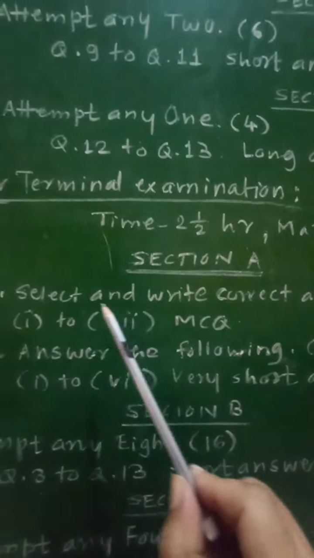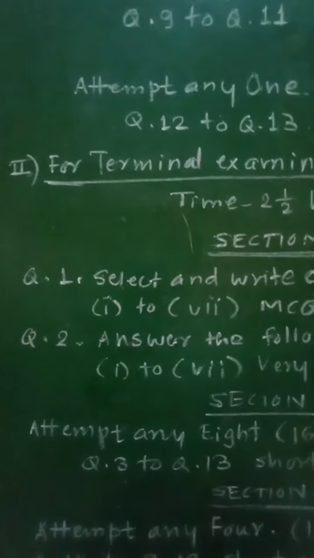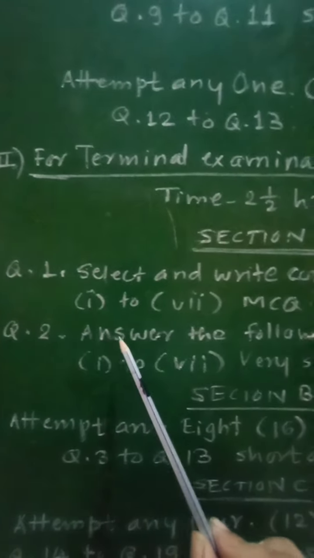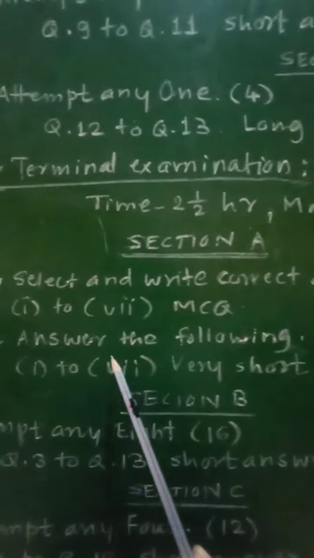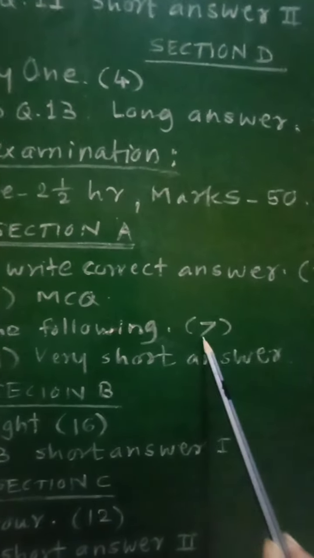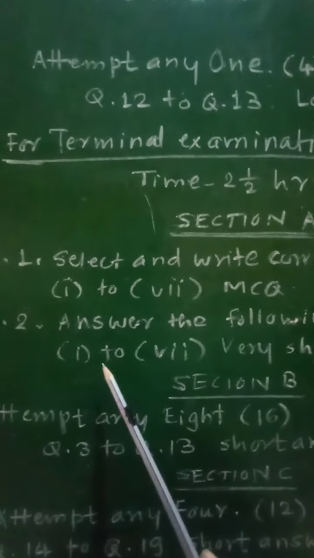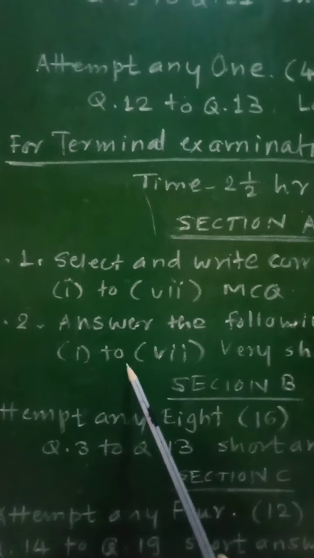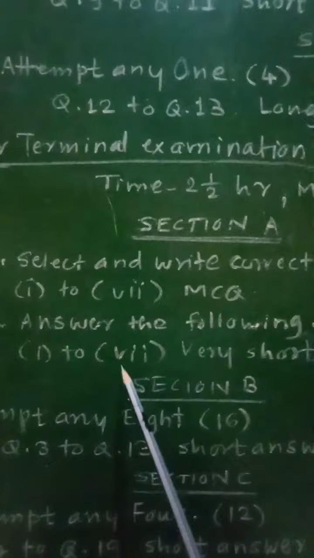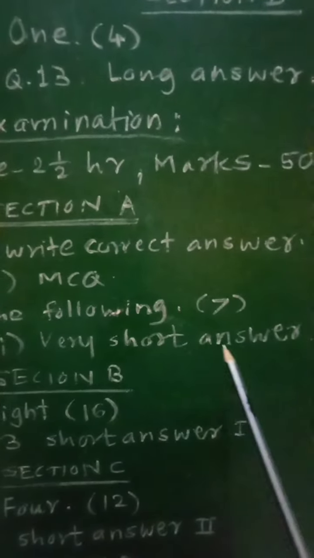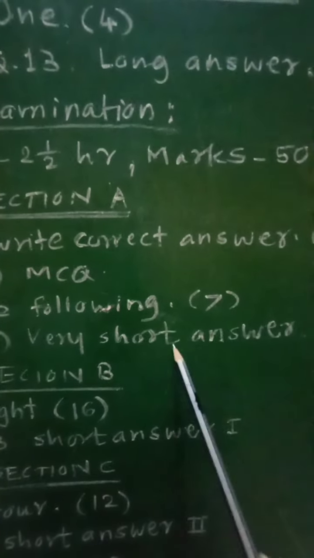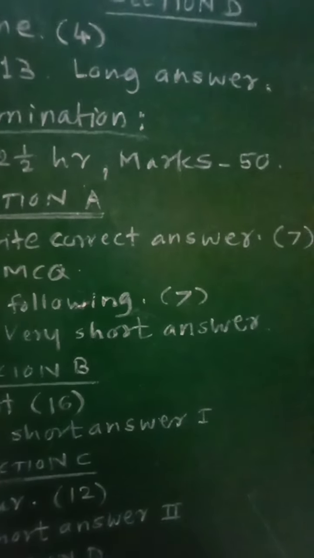Then question number 2 will be answer the following, again carrying 7 marks. In this again there will be 7 sub questions, and they will be very short answer type questions.